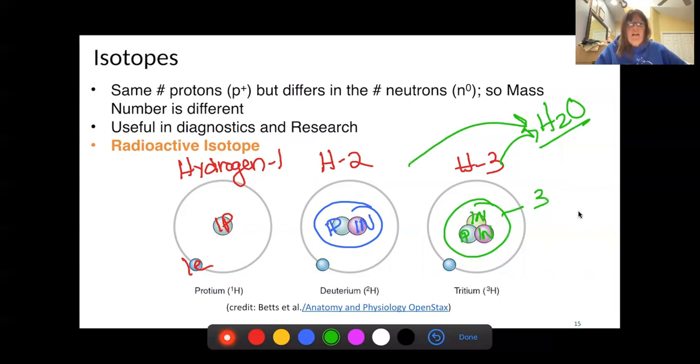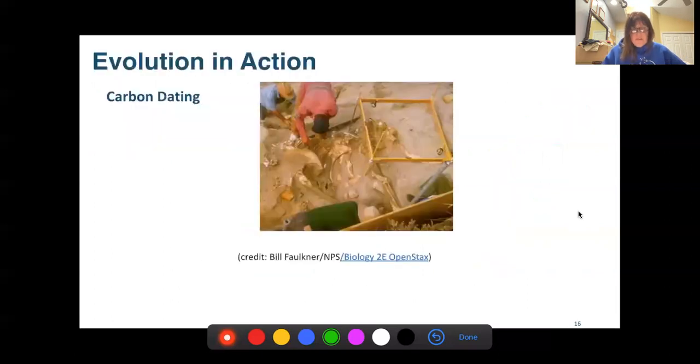So we refer to it as heavy water. But generally we'll use things like radioactive iodine, and we use that to trace different types of cancers and stuff like that using different tests.